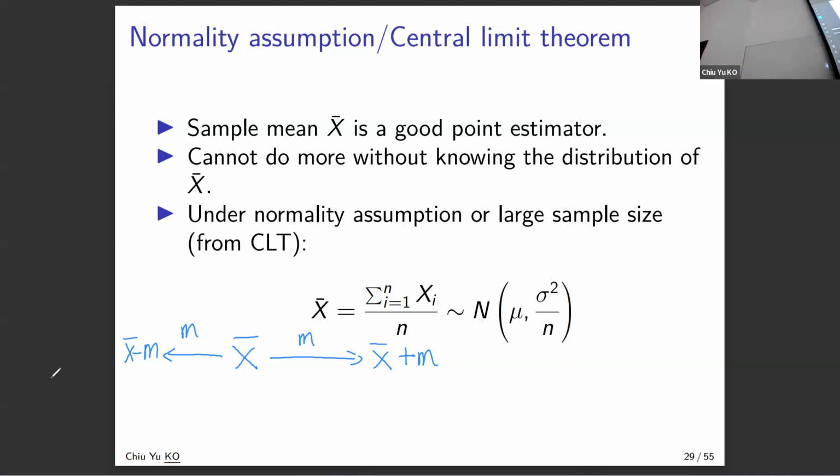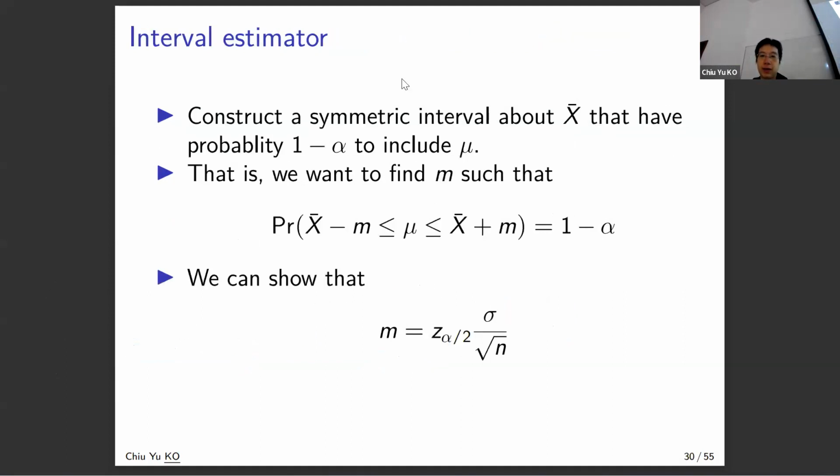How can I achieve this? The main idea relies on the fact that X bar follows a bell curve by the central limit theorem, or if you make a normality assumption.